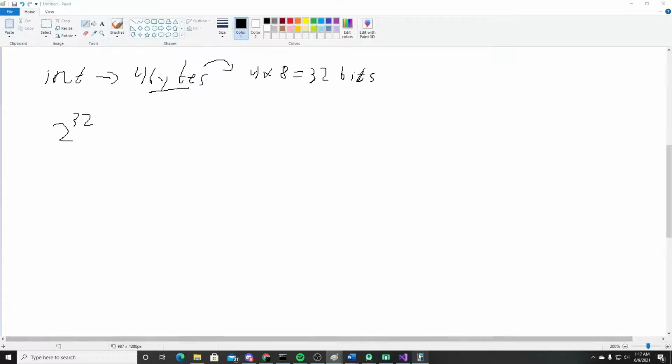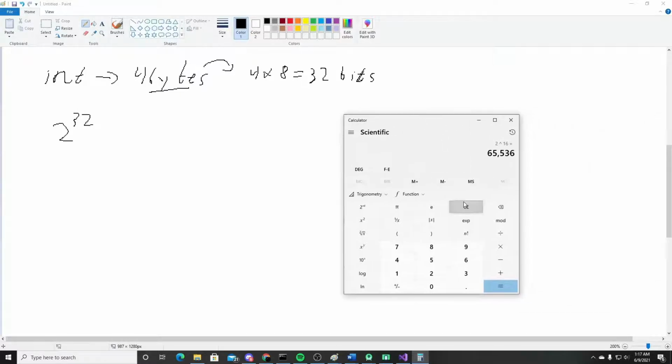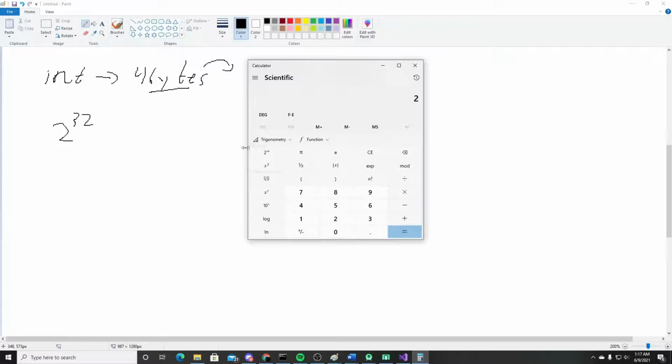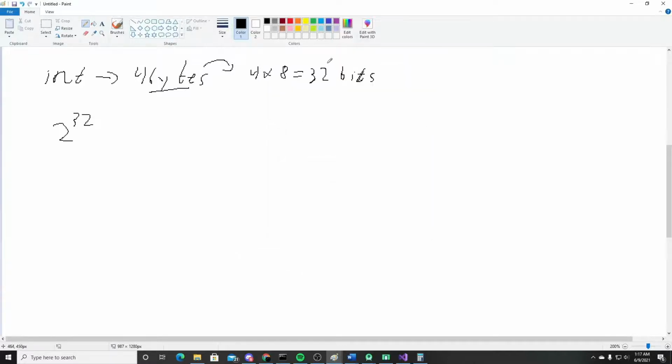If I pull over my calculator here and do a clear all, we'll just do 2 to the 32nd, and there we have it: 4,294,967,296 different values we can represent with an integer that is made up of 32 bits.